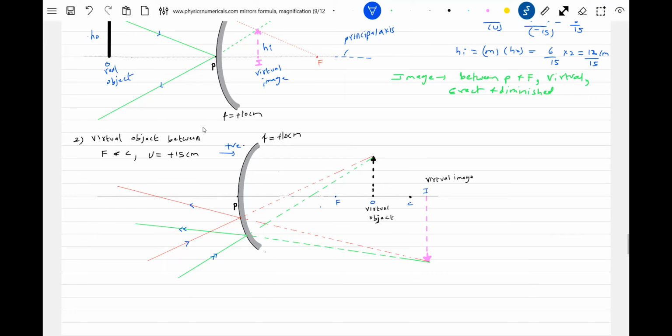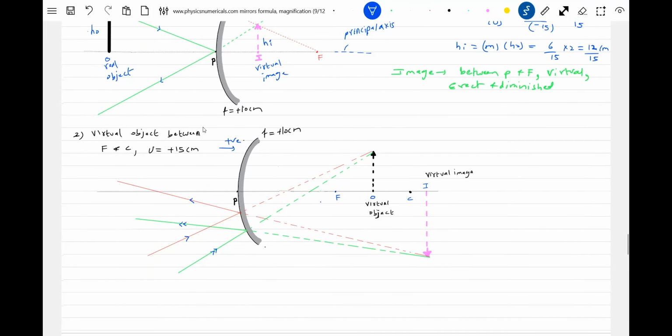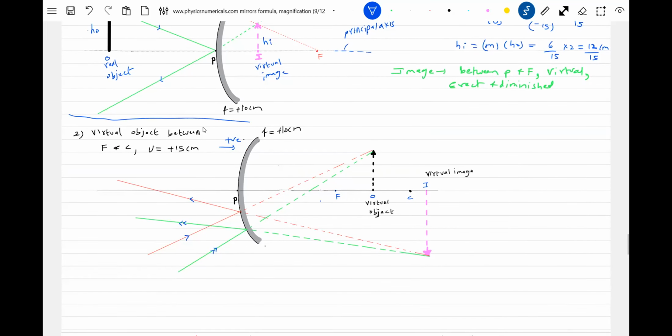It's a virtual object. We have to check whatever the image position is. Let's use the formula. U is equal to how much? Plus 15.